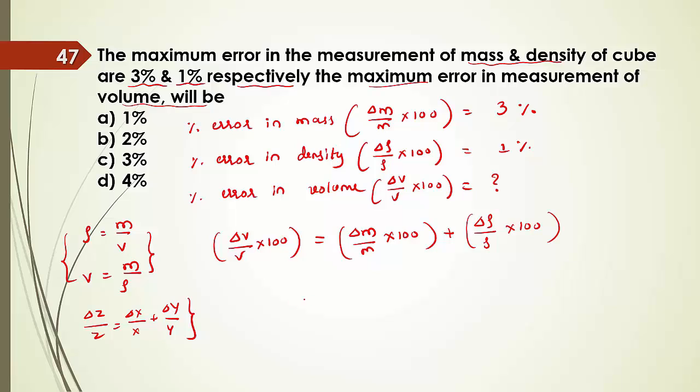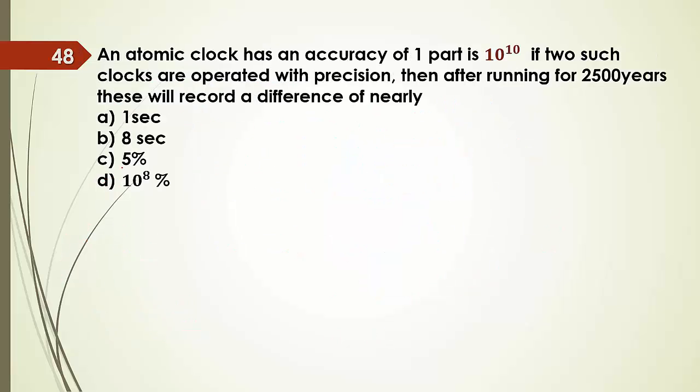Now substitute the values: 3% plus 1%. So 3 plus 1 will be 4%. So the maximum error in the measurement of volume is 4%. Option D is right.